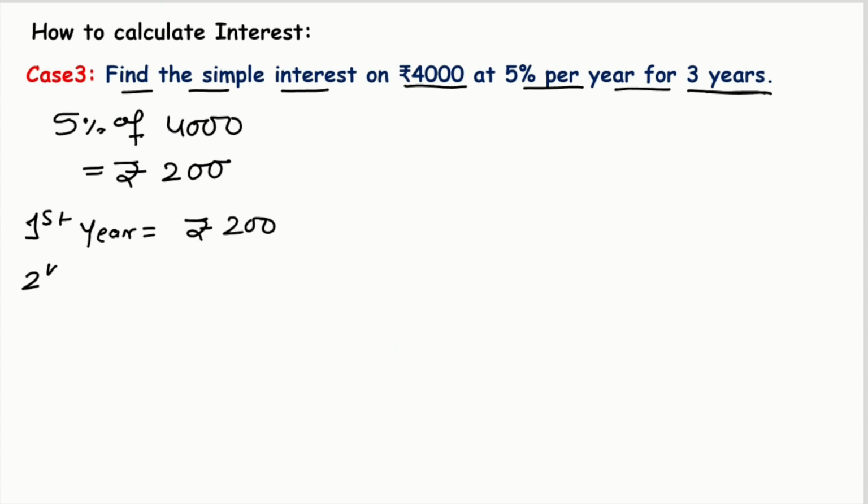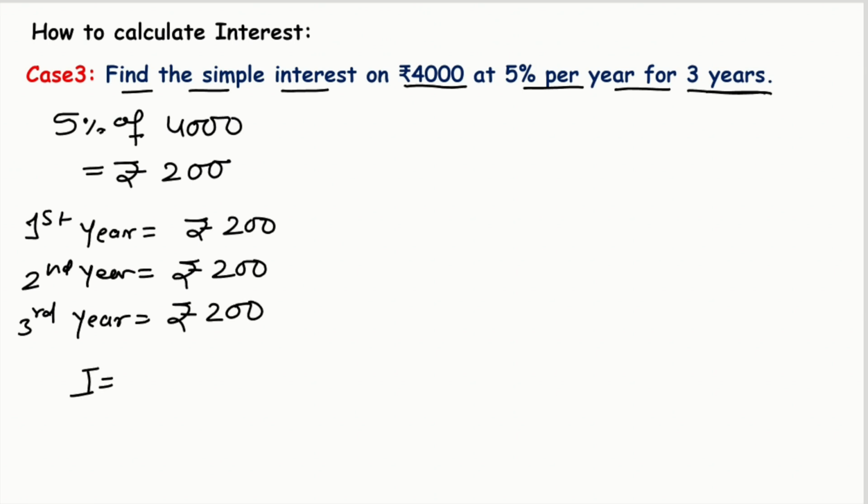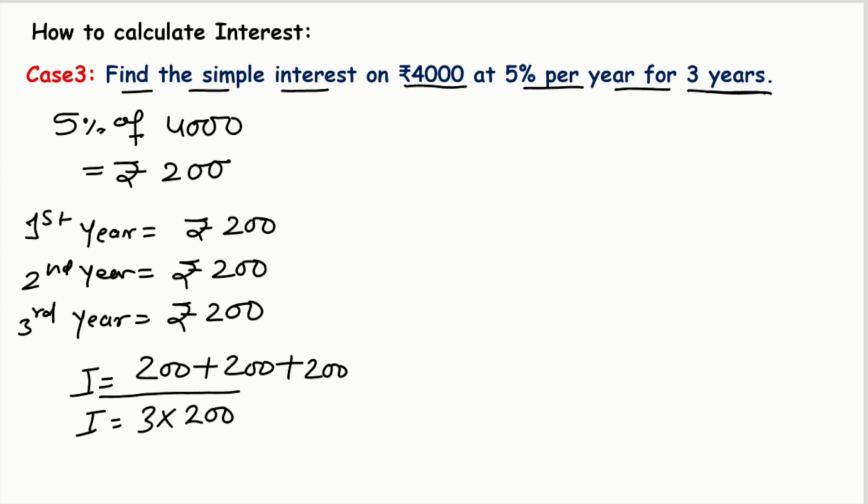For second year, he will pay rupees 200 again. And for third year, he will pay rupees 200 again. So altogether interest he will pay 200 plus 200 plus 200 for all 3 years. 3 times 200 rupees. He will pay extra amount, is known as interest.